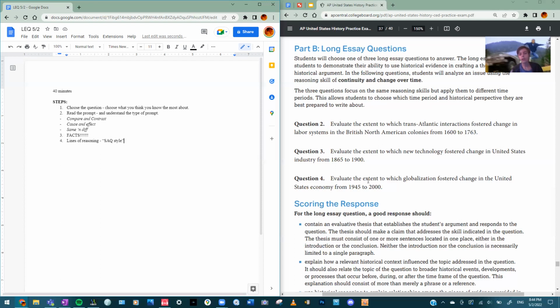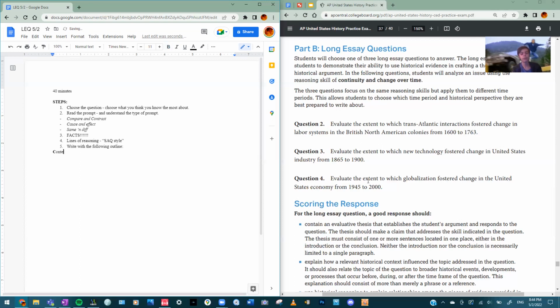So the lines of reasoning, in case you didn't know what that is, are the things in the thesis that will end up being what you talk about in the body paragraphs. So after you do the lines of reasoning, then you can start writing. Write with the following outline.